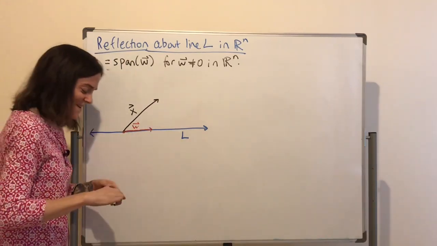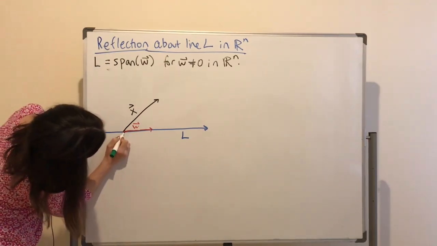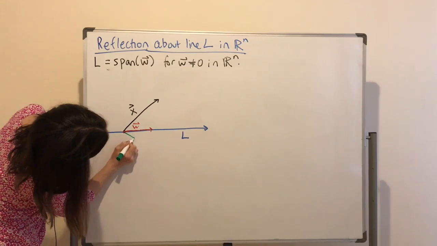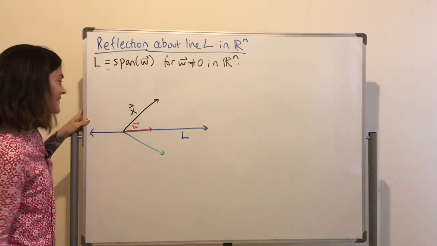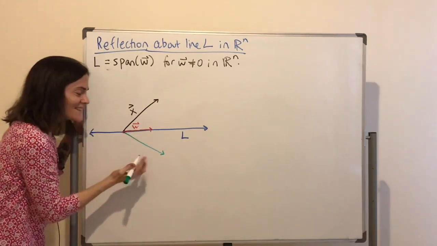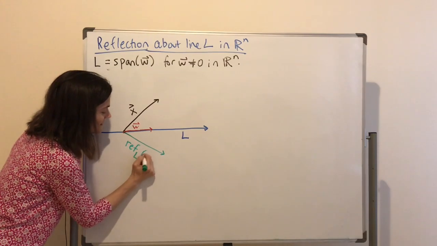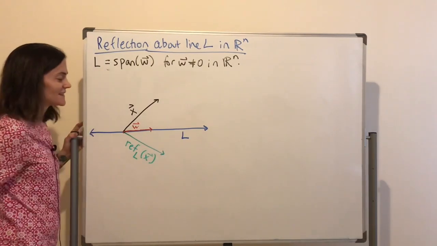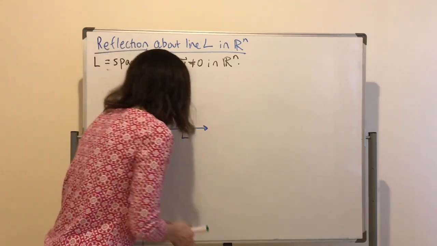Maybe that wasn't very clear. Now I've got to try to do as best as I can. It would be like this. Okay, you just reflect. So this is reflection.